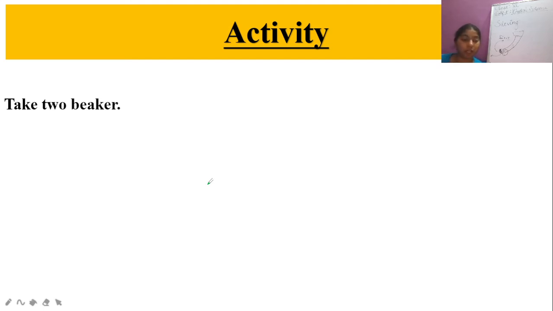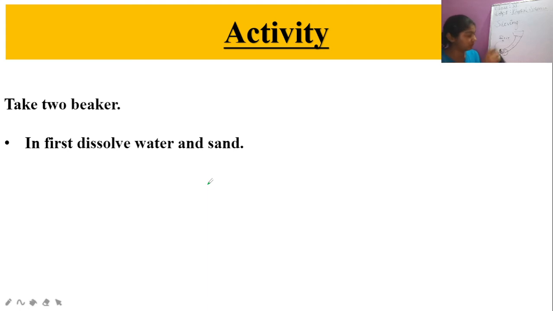So let's see, we have an activity for you. You have to take two beakers. If you don't have beakers, you can take two glasses. First you have to mix water and sand. Suppose, students, I have a beaker, in there I have water, and I'm going to add sand, right?